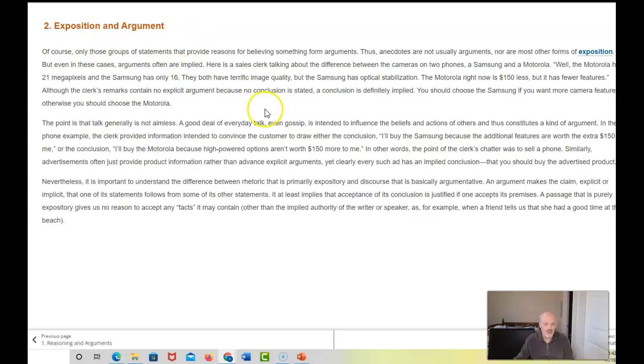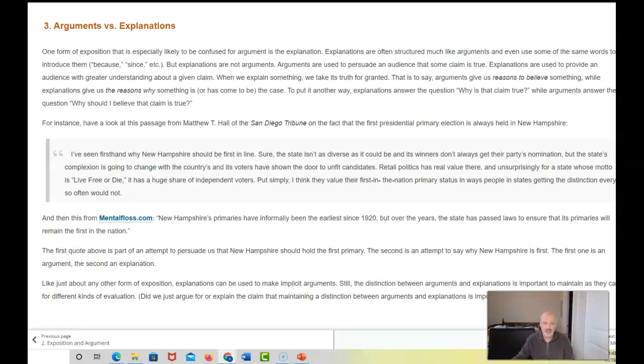First, exposition and argument. Exposition most likely related to just giving us facts or journalistic style writing often. And in section 3, explanations, which as you can see, one of the best ways to do this is just to go to the exercise 1-2.